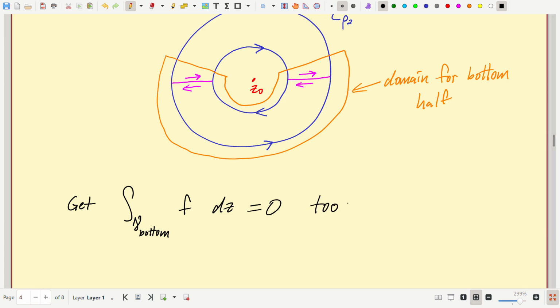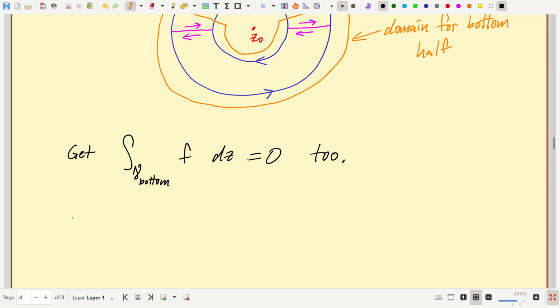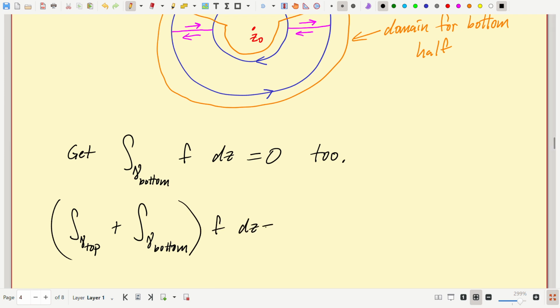And when you add them up, the cuts cancel, and you're left with the integral around the blue stuff. So the integral around gamma top plus the integral around gamma bottom of f dz is the integral around rho 2, and then the integral going clockwise, which is minus rho 1.